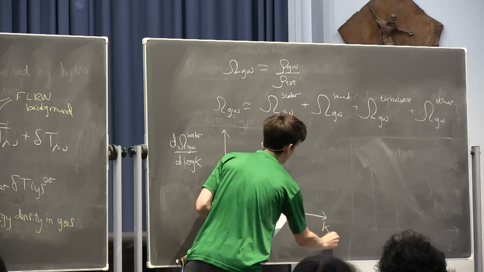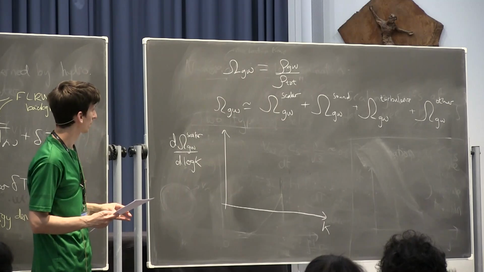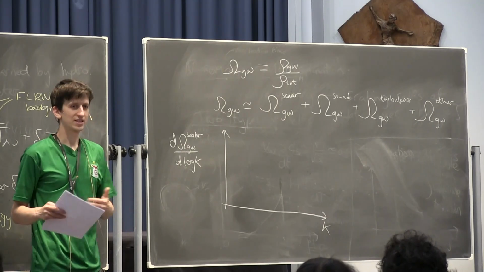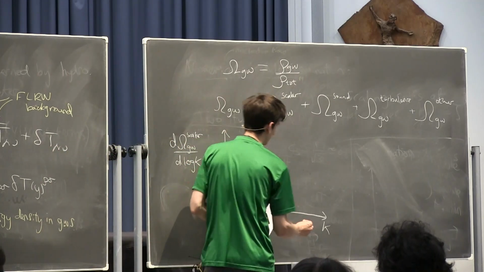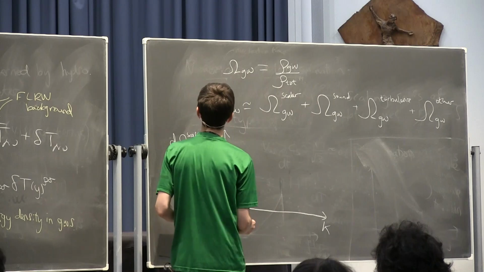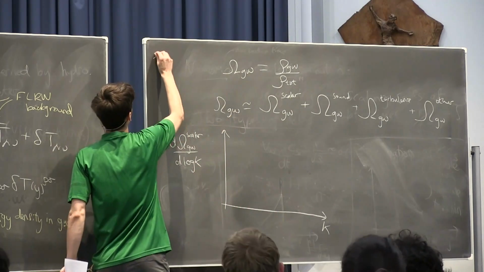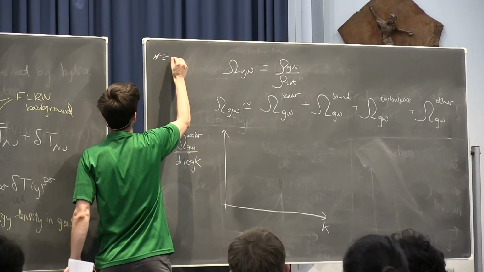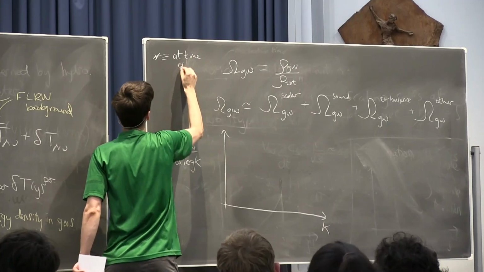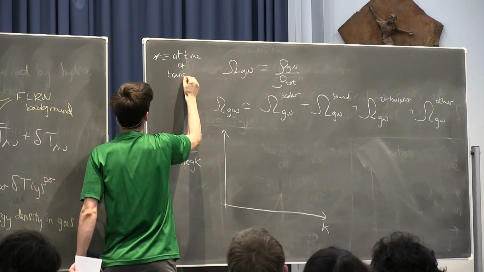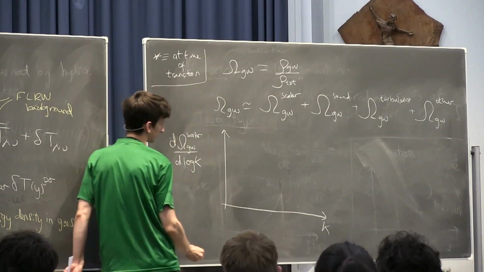In logarithmic frequency. So there's a scale which determines the peak, and that ends up being, well, let me just denote by star means at the time of the transition. This is somewhat standard.